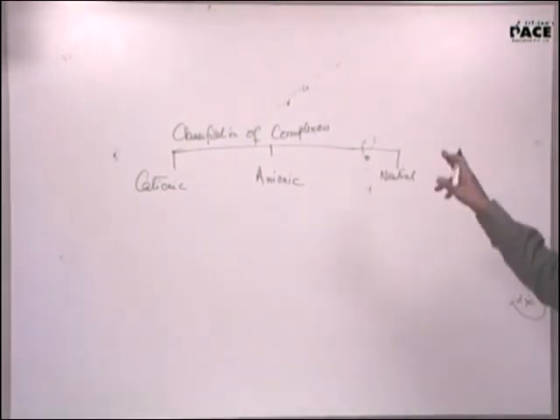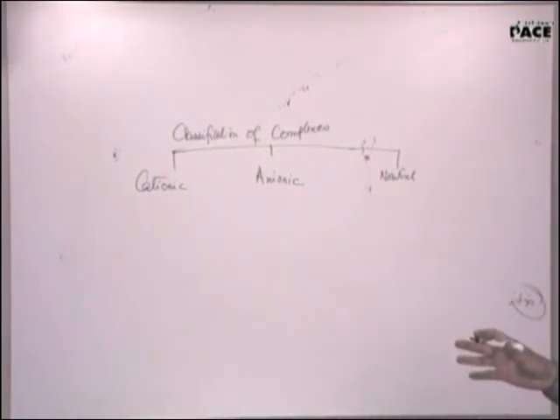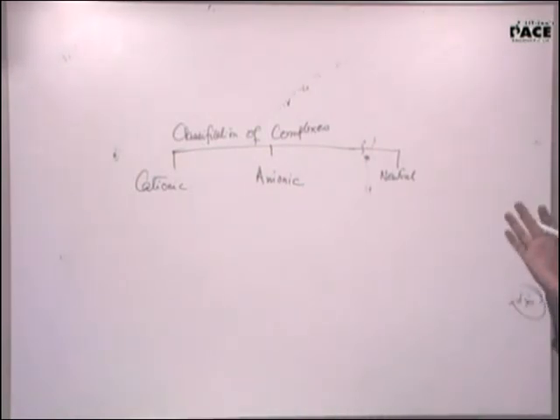Coordination complexes can be classified into 3 categories: cationic, anionic, and neutral.